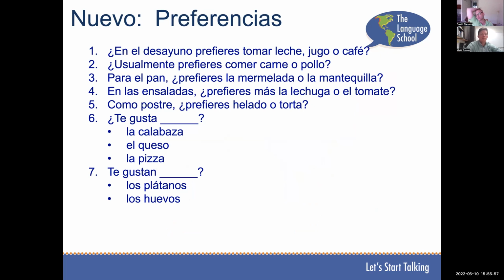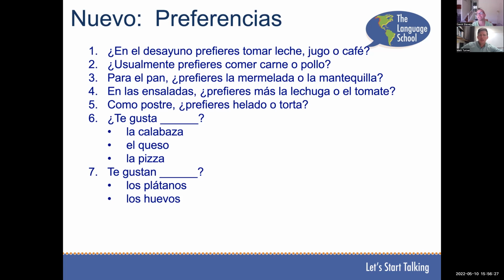Aquí tenemos conversación. En el desayuno, ¿prefieres tomar leche, jugo o café? Prefiero tomar café. Usualmente, ¿prefieres comer carne o pollo? Usualmente prefiero comer pollo. Para el pan, ¿prefieres la mermelada o la mantequilla? Oh, no sé. What is mantequilla?